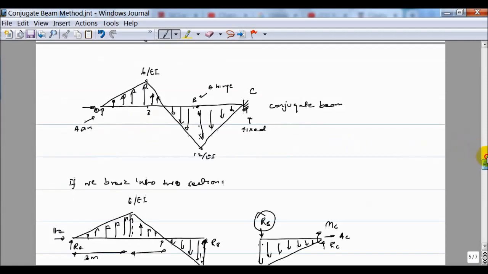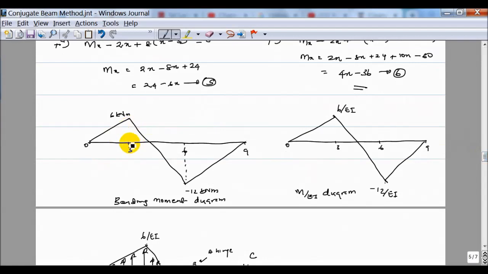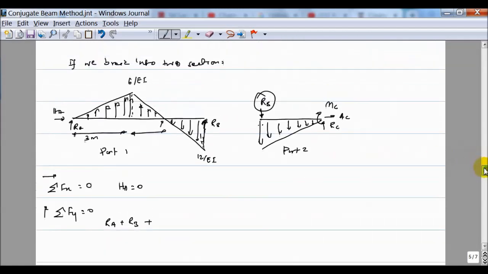To know that distance we can go back here, and this is occurring between 3 and 6. From the ratio, this is 6 over EI and this is 12 over EI, so it's 1:2, so this should divide in the same ratio 1:2. The distance is 3 meters, so it should be 1 meter.